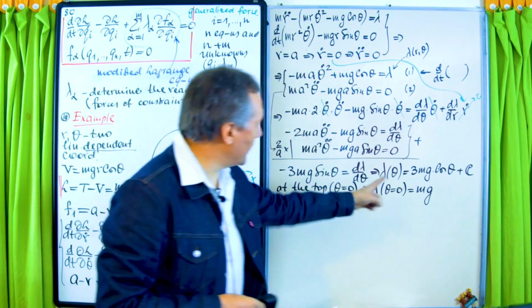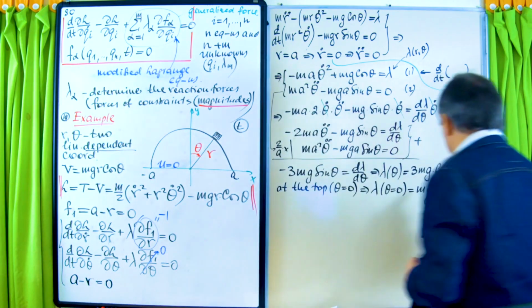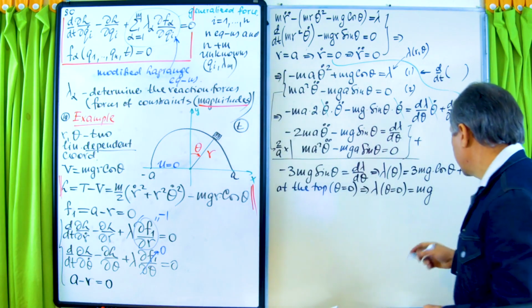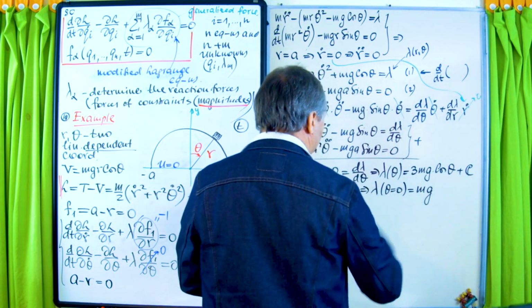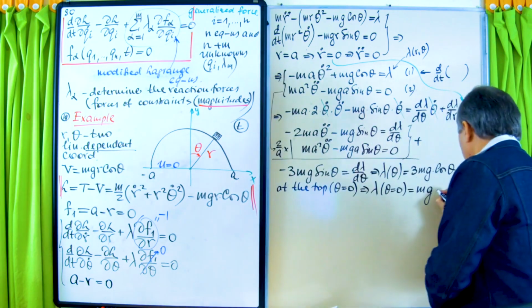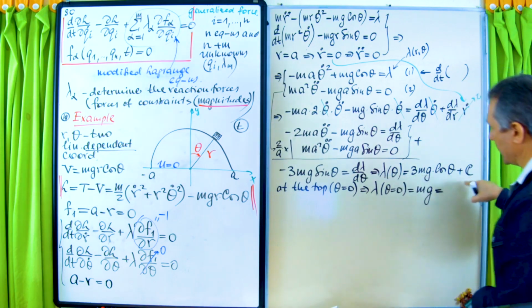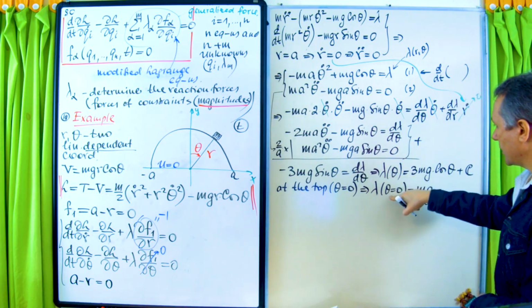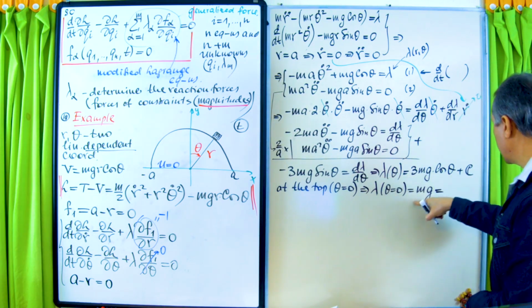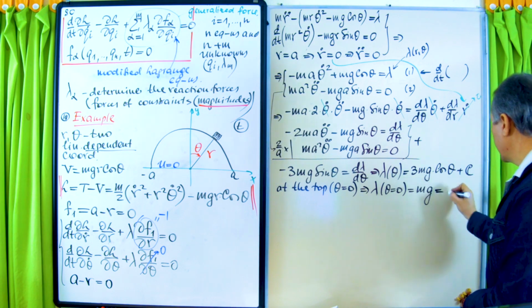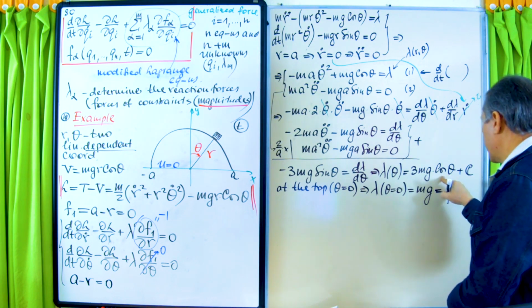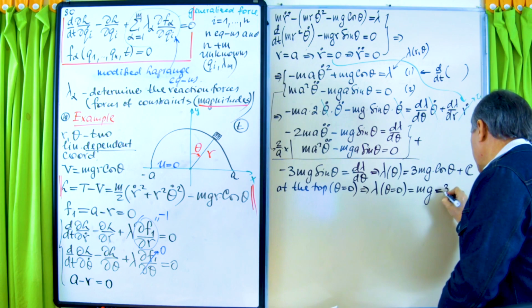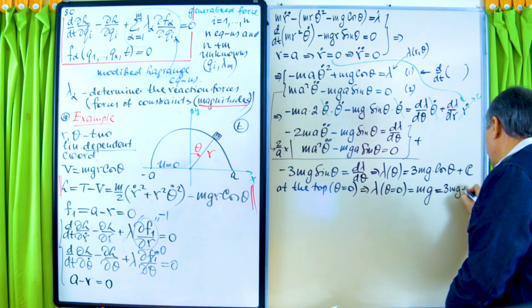So basically I'm applying it immediately to this equation. Instead of theta, theta equals 0. This term is going to give me cosine 0, which is 1, so it will be 3 mg plus c.